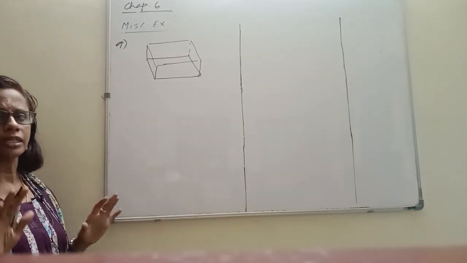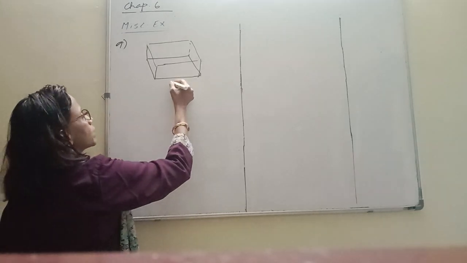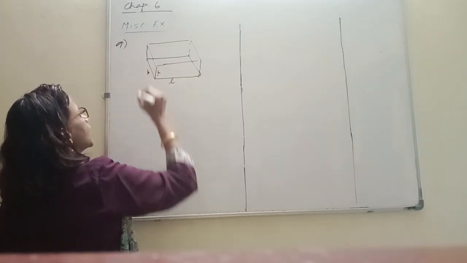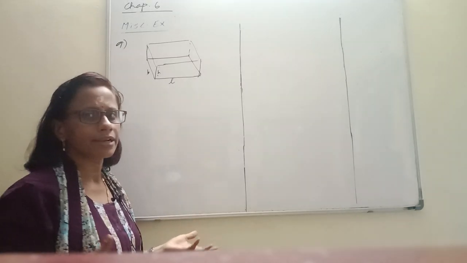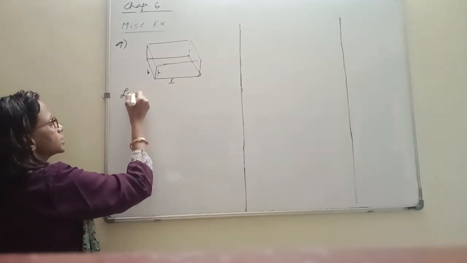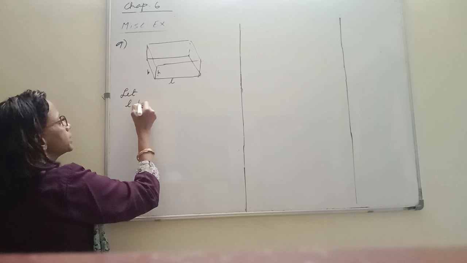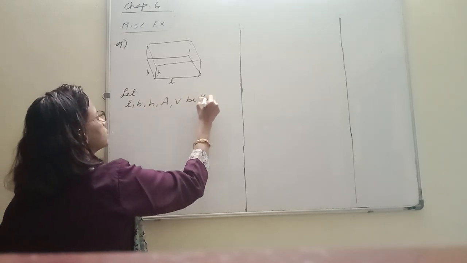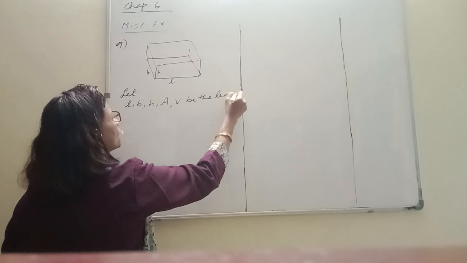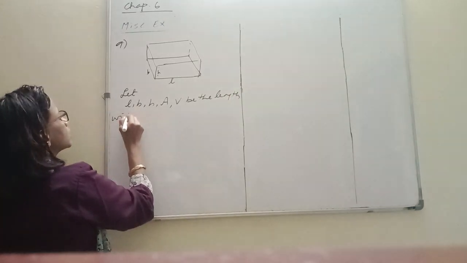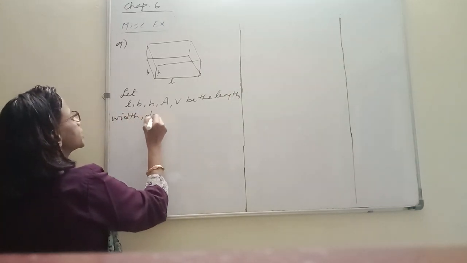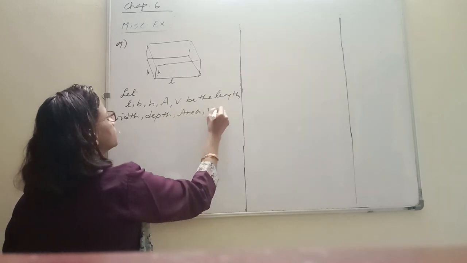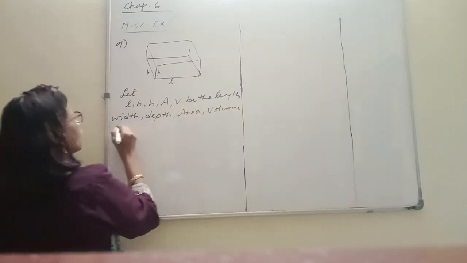Just to start with, let's introduce everything about the tank. Let this be the length, let this be the breadth, and this be the height, and areas and so on. So we'll say that let L, B, H, A, V be the length, width, height, or in this case you call it depth, area, and volume of this tank.